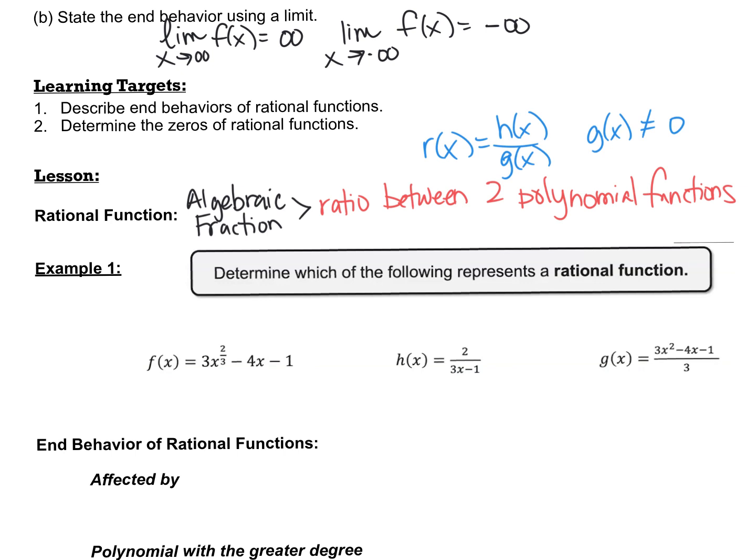Yeah, let's mark F out for sure, because it's not a fraction in any way, shape, or form, right? So we could definitely mark that one out. Then that leaves me H and G. What do you think? Okay, G is or is not? Is, okay. Why?